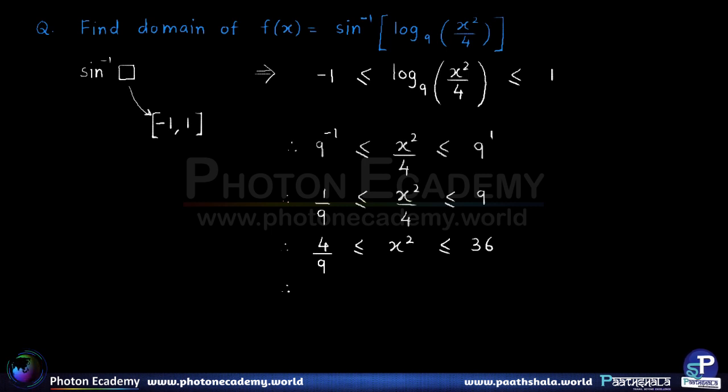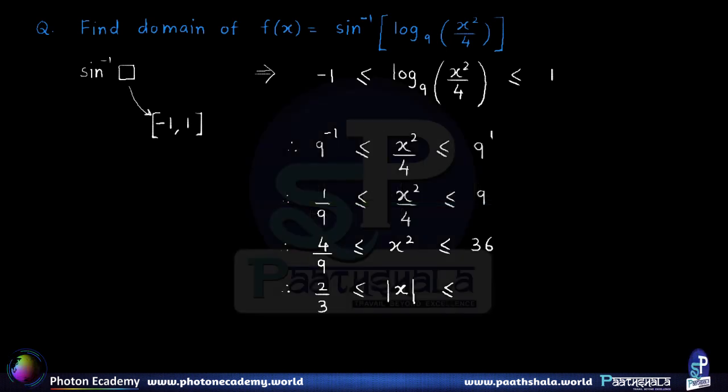It's not just plus or minus. The correct way of getting the square root is mod x. So taking the square root, we have 2 by 3 less than or equal to mod x less than or equal to 6. Now this means that modulus of x lies between 2 by 3 and 6.